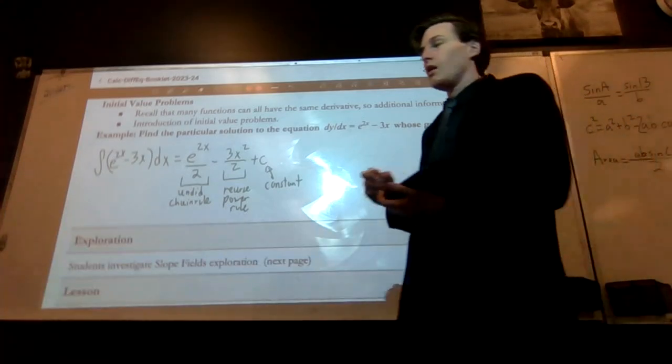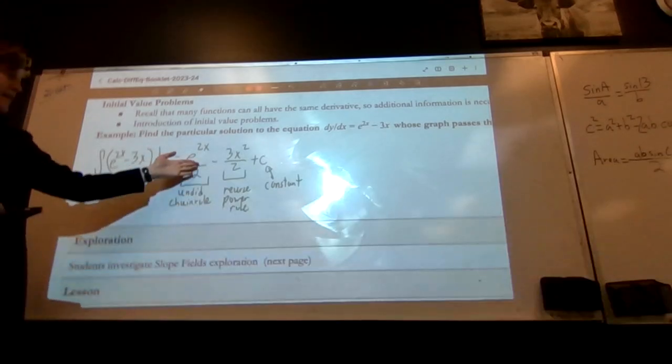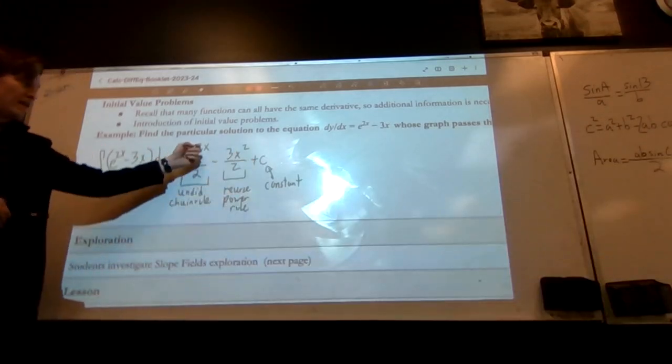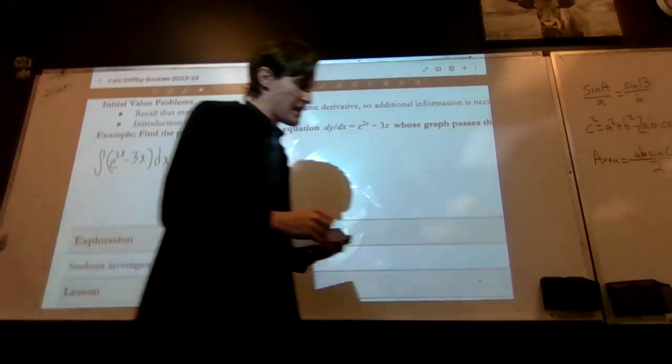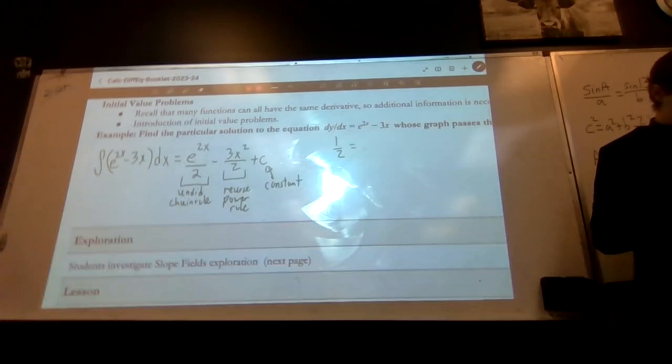Okay? Now what do we do? Well, we have an x and a y, correct? y equals this equation. We have x's here, and we have the point at (1, 1/2). So I can state that since y equals this, 1/2 is equal to e to the 2 times 1 minus 3 times 1 squared over 2 plus c.